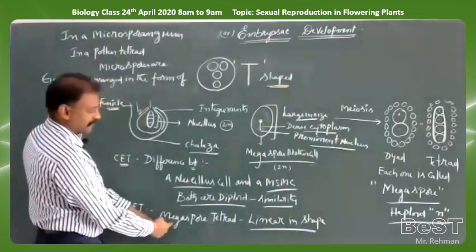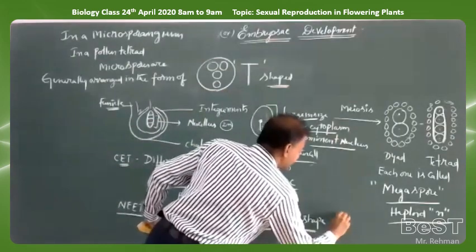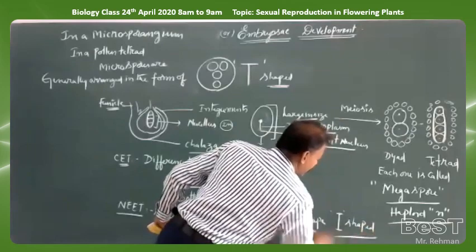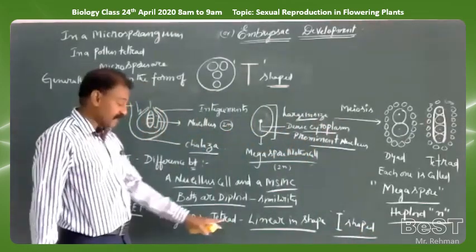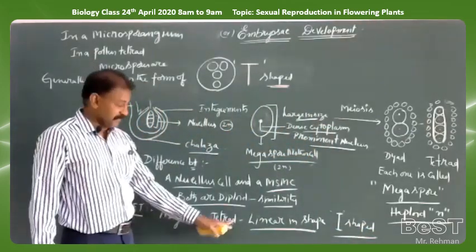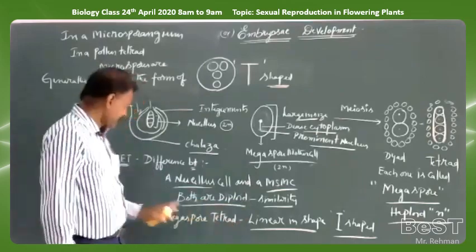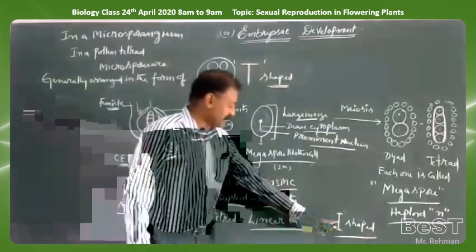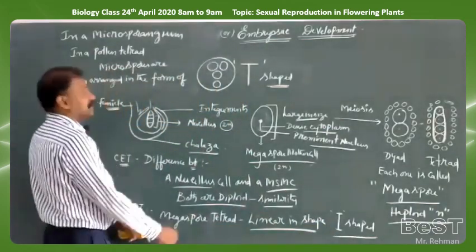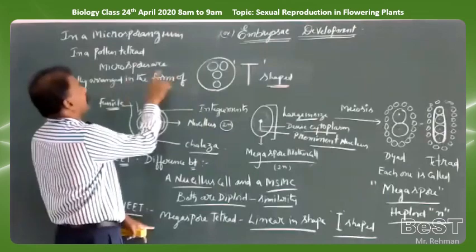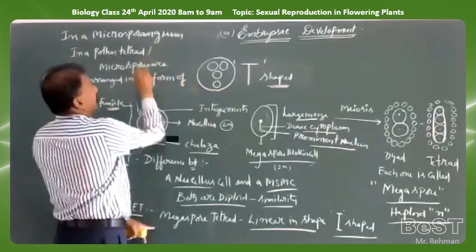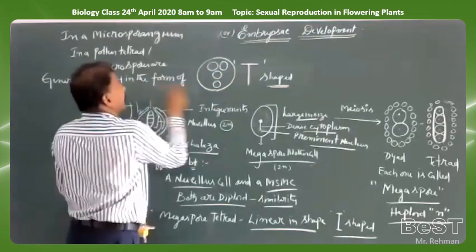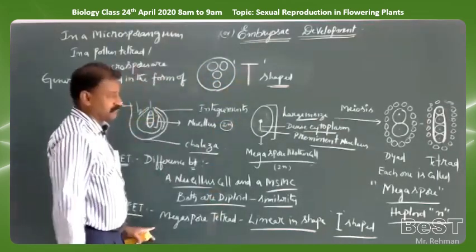These are linear in shape, meaning I-shaped. The shape of the megaspore tetrad in an ovule, megasporangium, is linear, when compared to the pollen tetrad, the microspore tetrad in a microsporangium, which is generally and mostly T-shaped. Neat questions, my dear students.